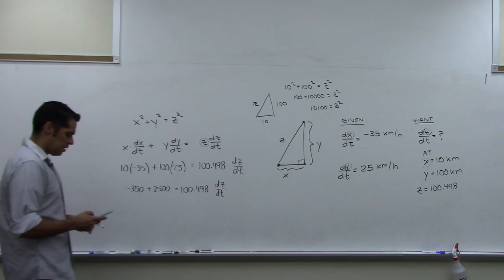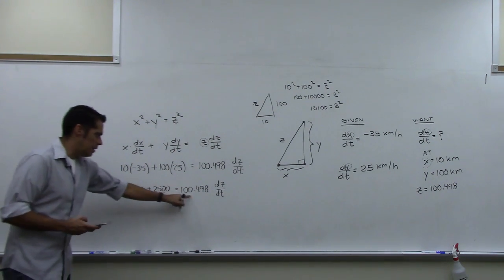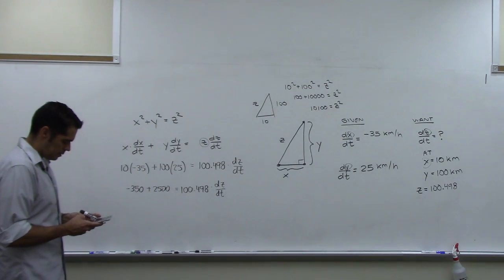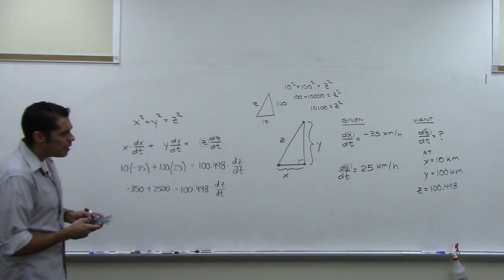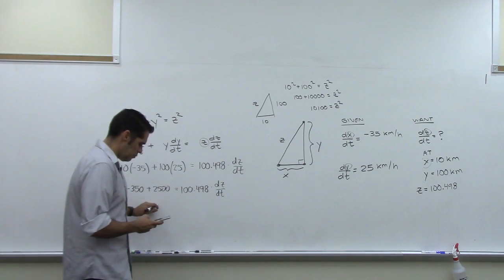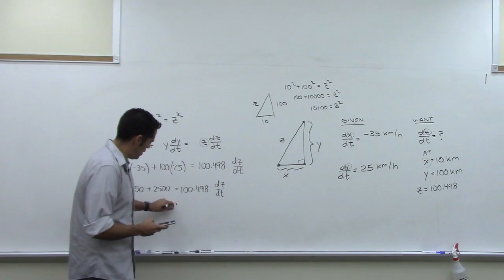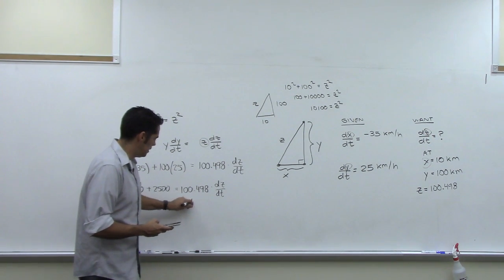And I put those two together and divide by this 100.498, and I get a positive number, 21.39 equals dz/dt.